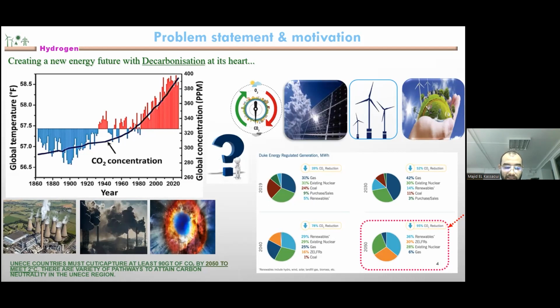Hydrogen is a field that has received a lot of interest due to its abundance, higher power density, and environmental friendliness.